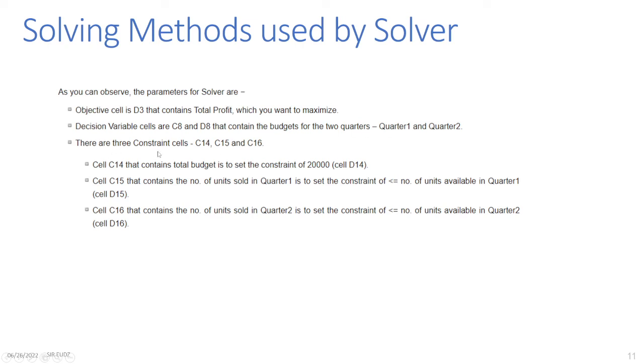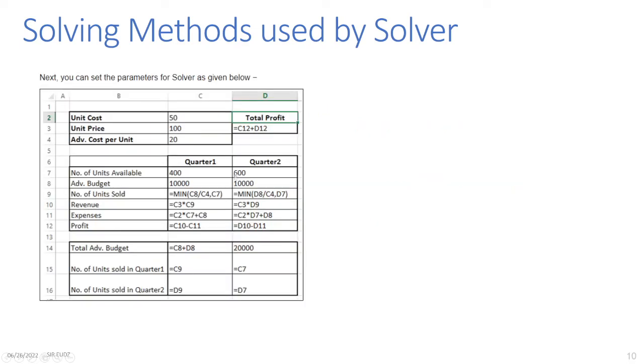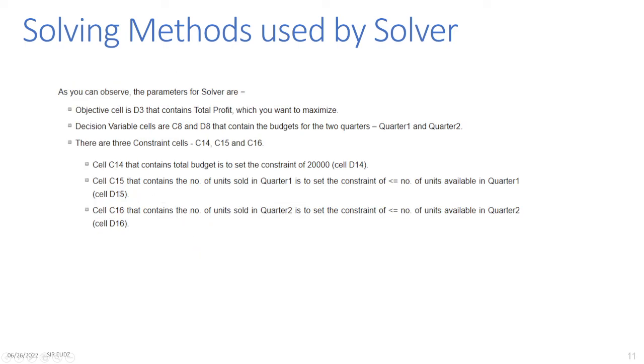And the three constraint cells are C14, C15, and C16. C14 is the total budget, so the total budget should be equal to 20,000.